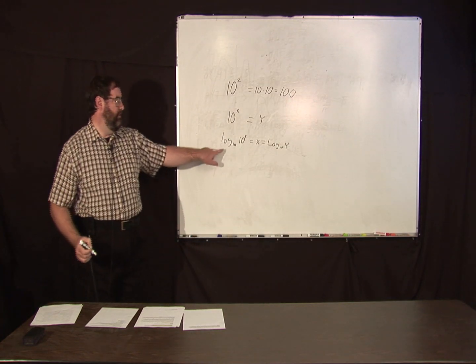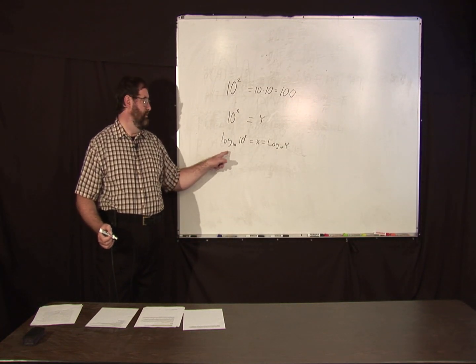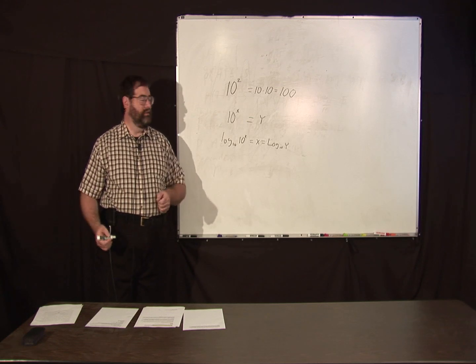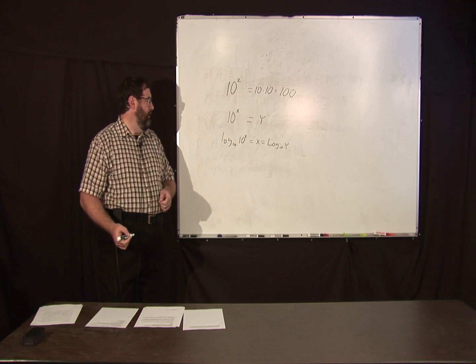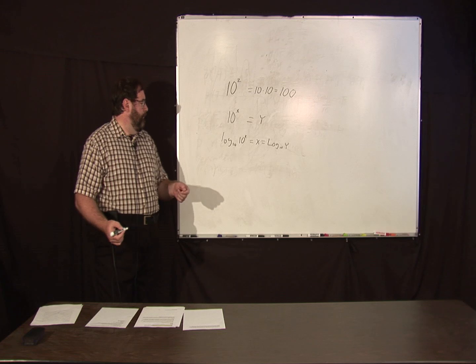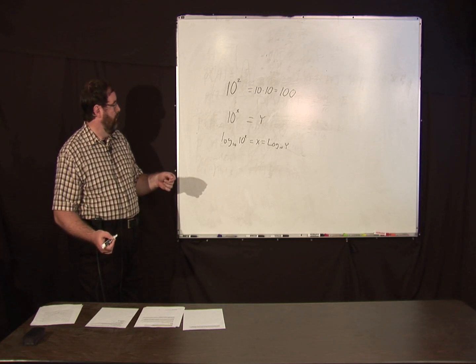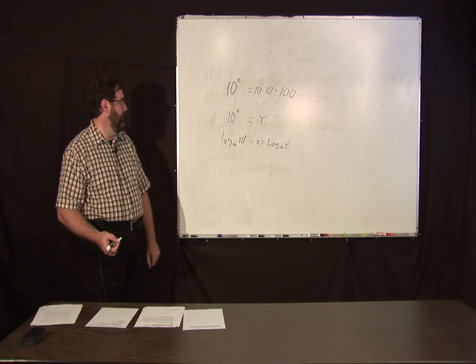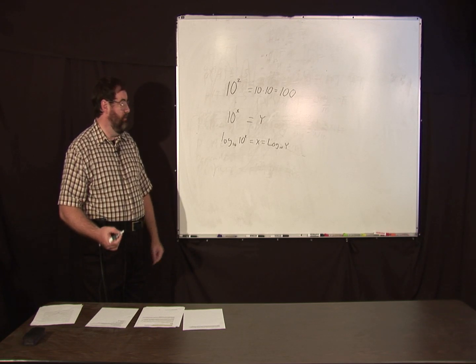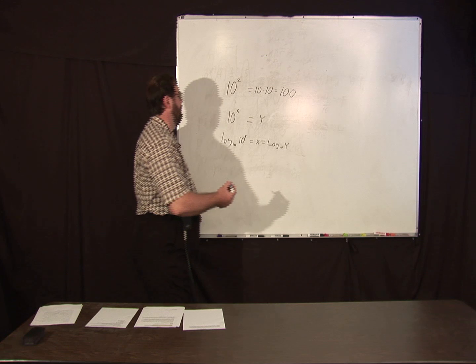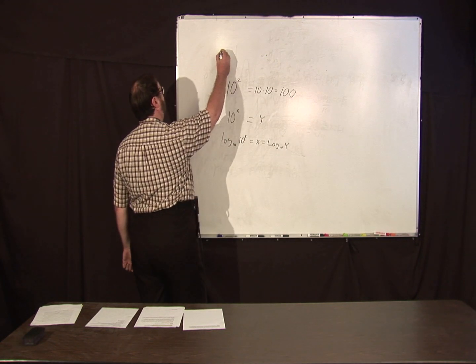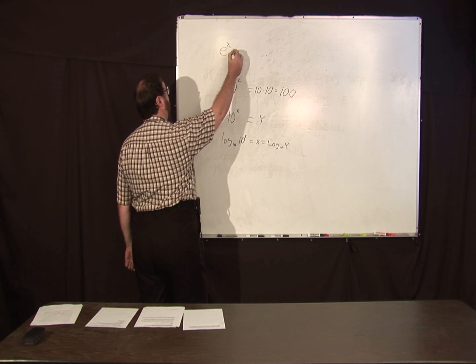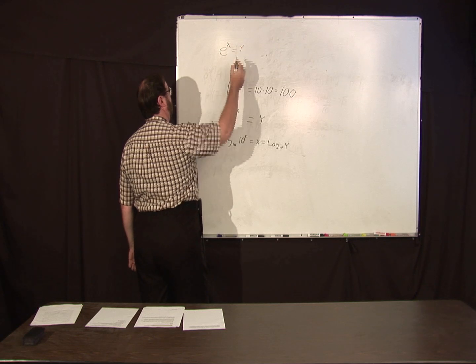Now you should have seen this in your calculator. You can have different bases in logs. You might have seen this in high school too, or maybe even junior high. So basically the log undoes taking something to a power. There's a special log that undoes this special number: e to the x equals y.